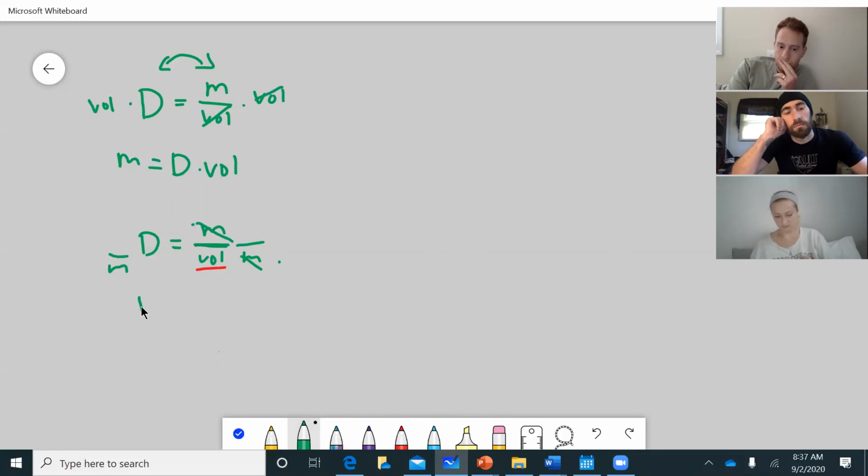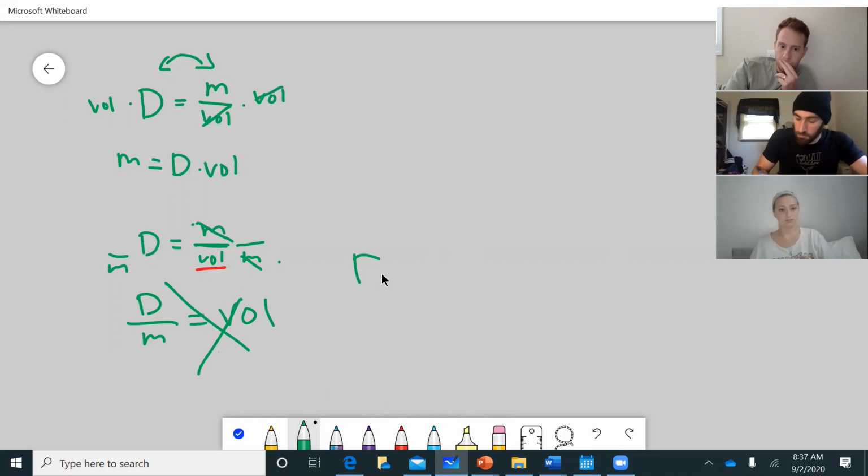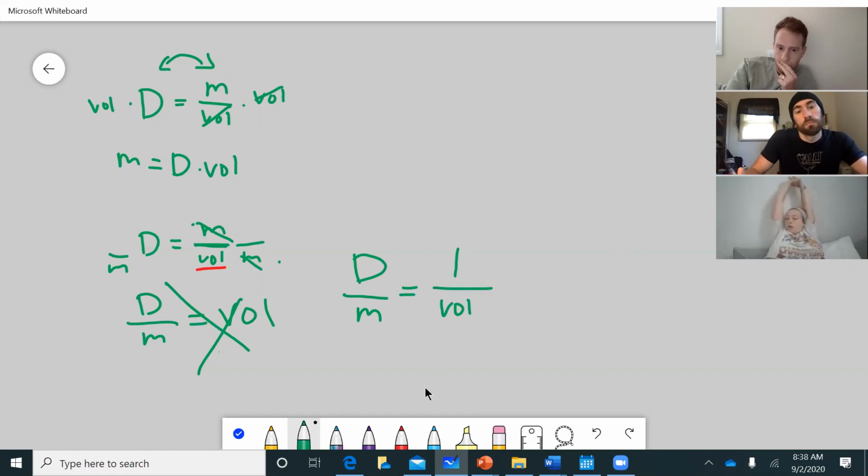But then also, and I get this a lot, density divided by mass equals volume. This is incorrect. The reason it's incorrect, again, is because volume doesn't just all of a sudden pop up on top of the fraction bar. So we don't like this. What is actually happening is density over mass is equal to volume below the fraction bar, right?